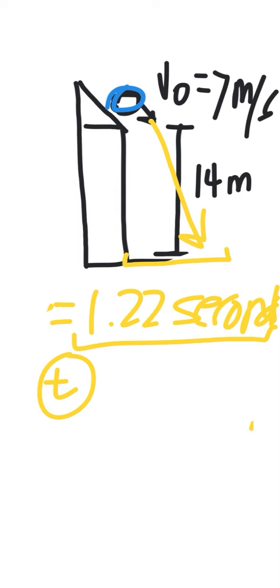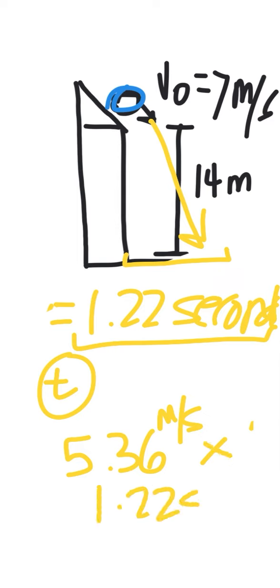So we have the velocity as 5.36 meters per second, and you multiply it by the time t, 1.22 seconds.